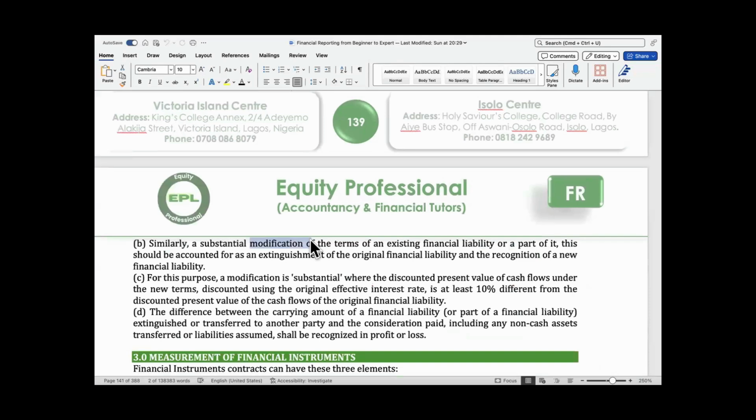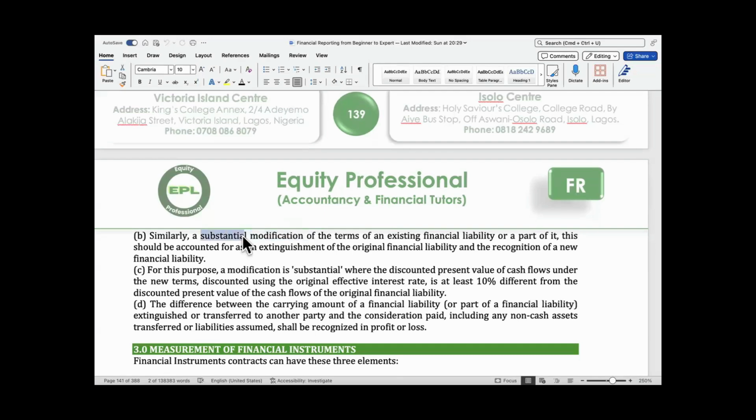When we say modify, we are talking about a change in interest rates, a change in the term or when you're supposed to pay back, and other terms in the financial liability contract. Modification can also result in extinguishment, if it is substantial. Substantial means the difference in cash flow between the old terms and the new terms is at least 10%. That will result in extinguishment.